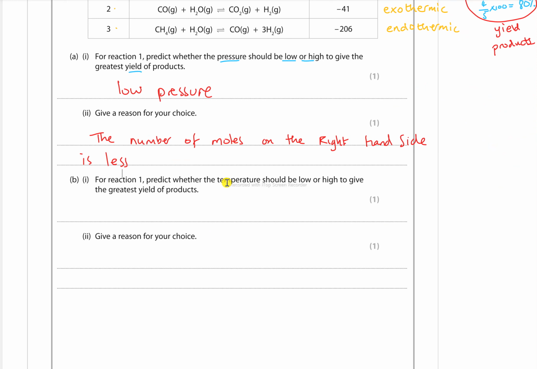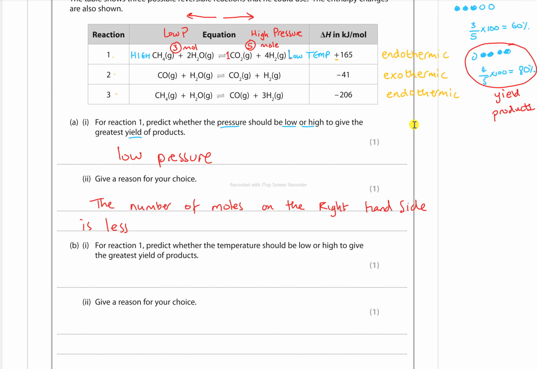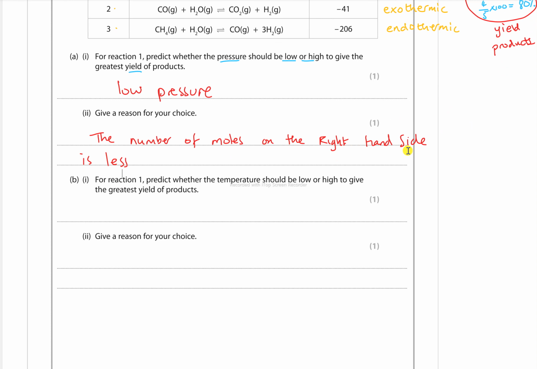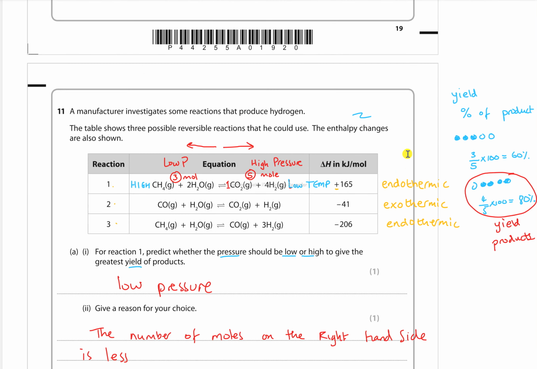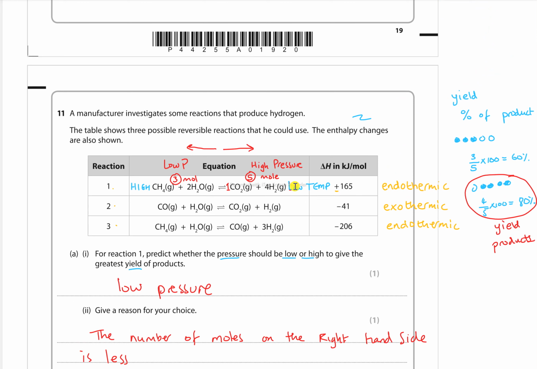Temperature and yield. So for reaction 1, we want to work out whether temperature should be low or high to give the greatest yield. So it's endothermic. So we need to increase the temperature.